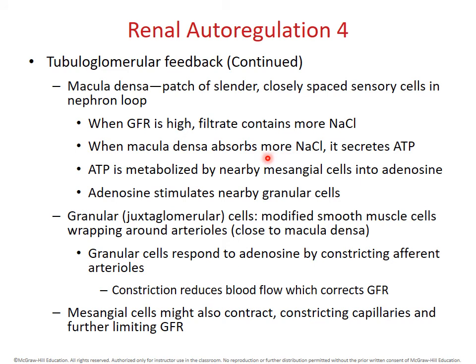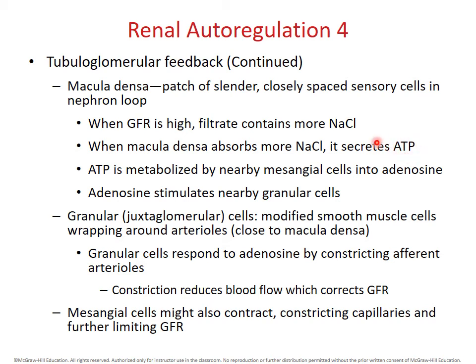is they absorb that sodium chloride. They sense it essentially by absorbing it. So the more sodium chloride there is, the more sodium chloride these macula densa cells in the wall of the tubes absorb. Interestingly enough, when these macula densa cells absorb that sodium chloride, they respond by secreting ATP.